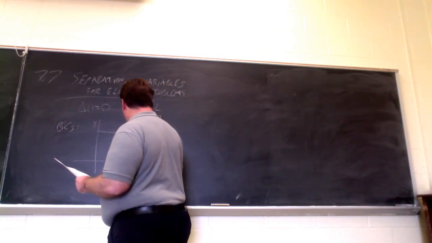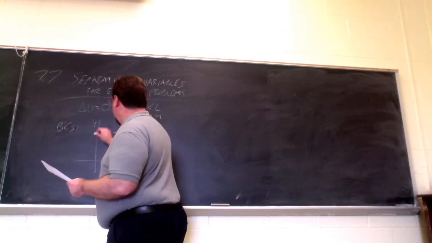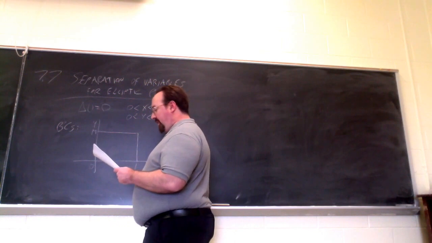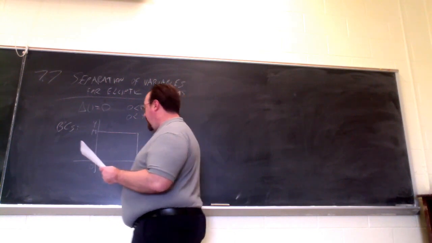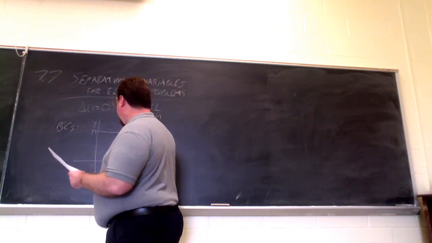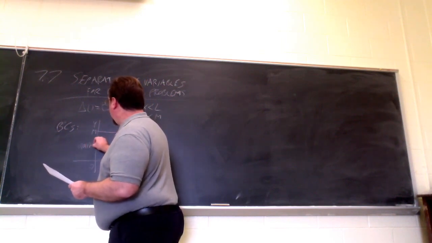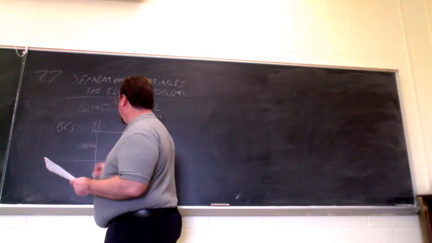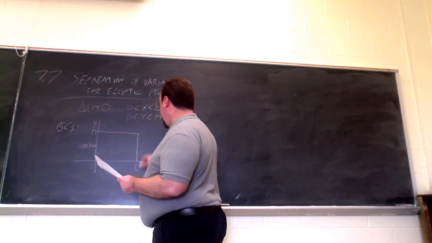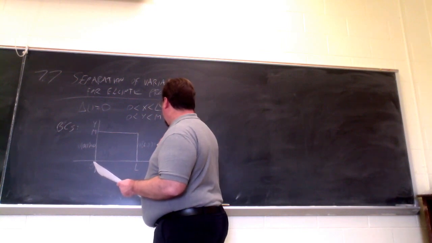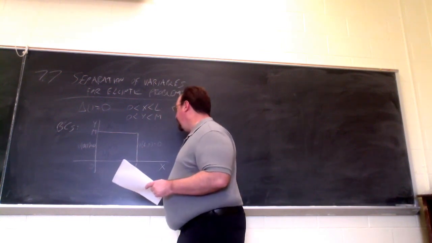Okay, so this is x equal L, and this is y equal to M, so the boundaries of our rectangle. For this example, at x equals 0, the solution will be 0 on this boundary. And at x equal L, the solution will also be 0.